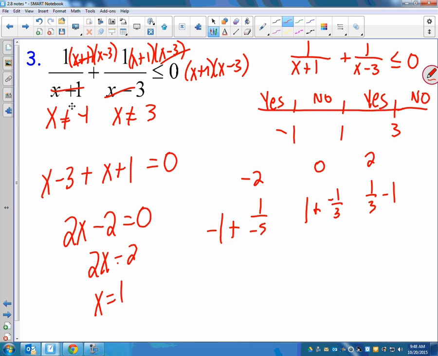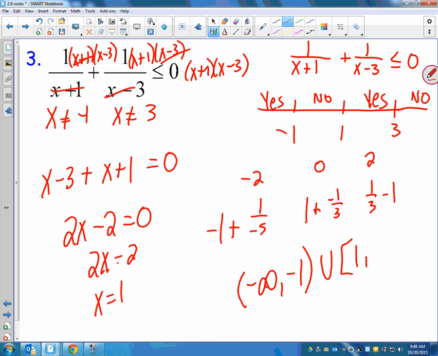Remembering which ones we're not including, right? -1 was an asymptote, and 3 was an asymptote. So I think my answer here would be -infinity to -1, not included. 1 is my real answer, and it is a bracket based on that.